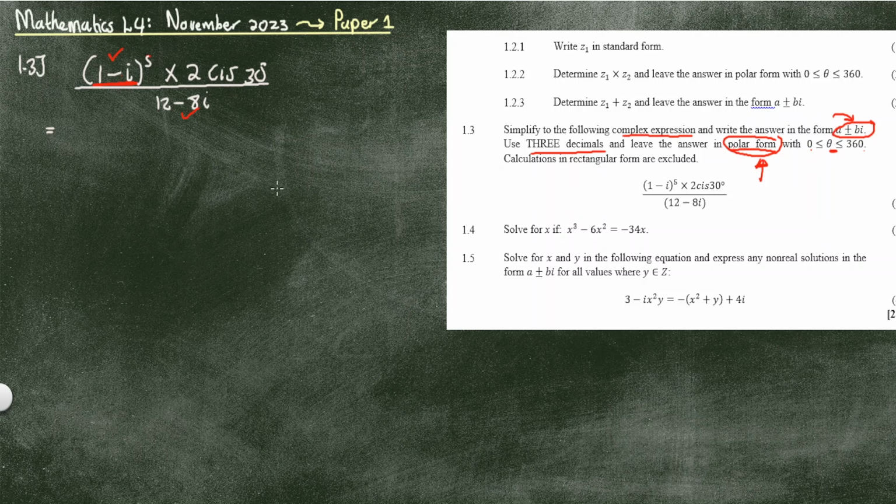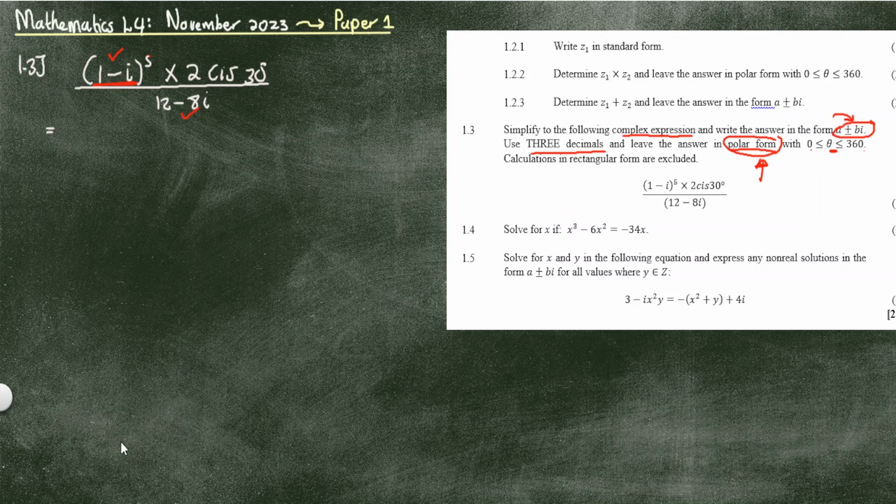You are allowed to use a calculator for this, because if you don't, you would have to draw an Argand diagram, calculate the modulus, calculate the argument, then plug in the values. It's going to be a lot of work. So what is advised in such calculations is to just use a calculator for converting from standard to polar form.